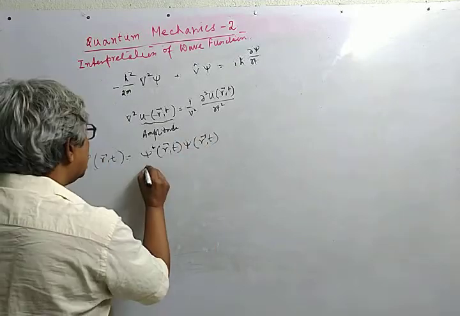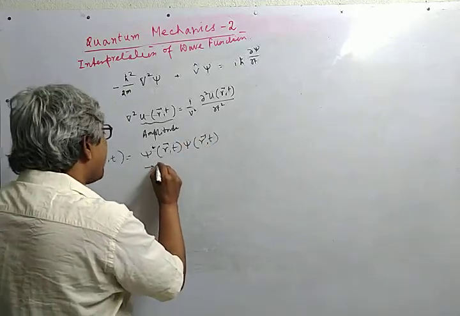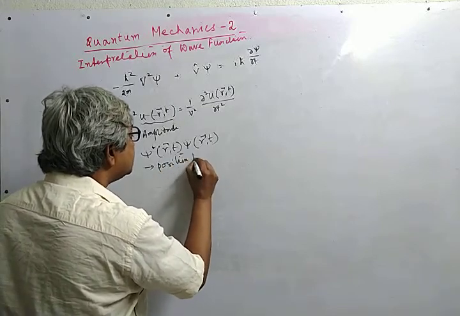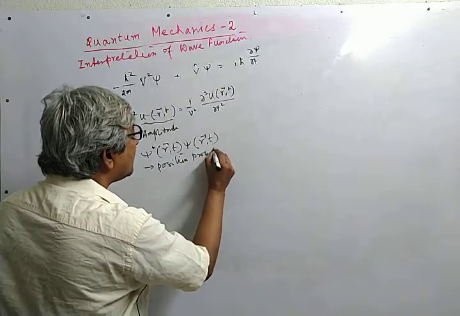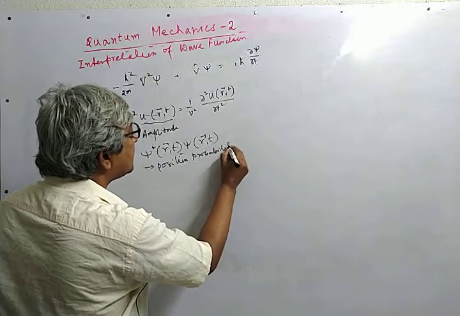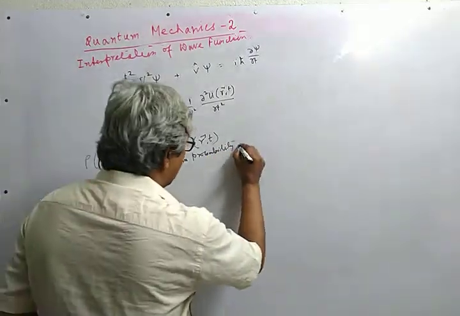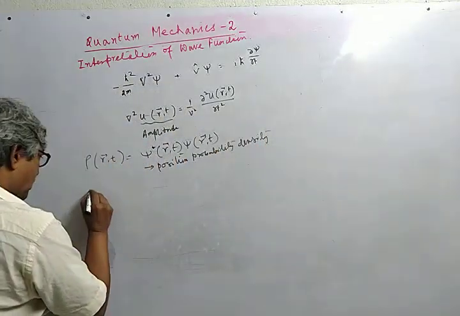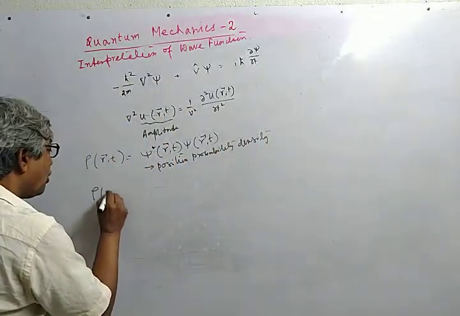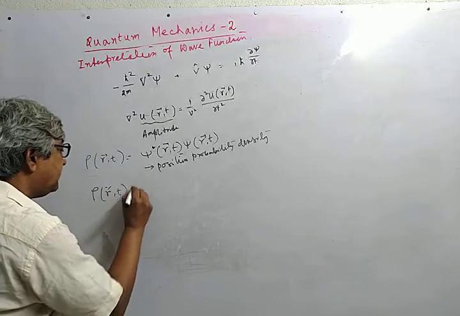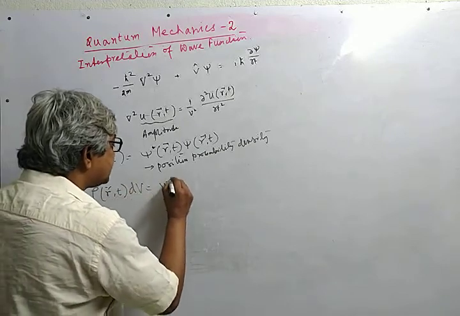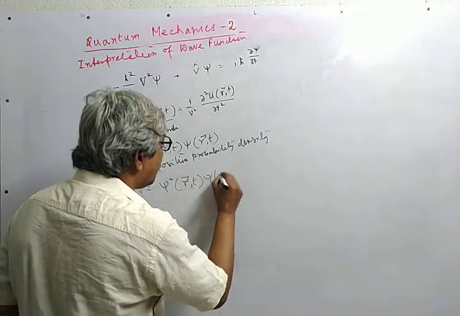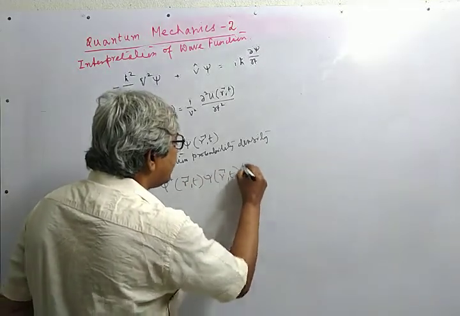This is the position probability density. So that if we consider rho(r,t) dV, this is psi star(r,t) psi(r,t) dV.